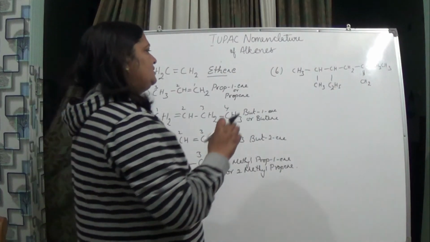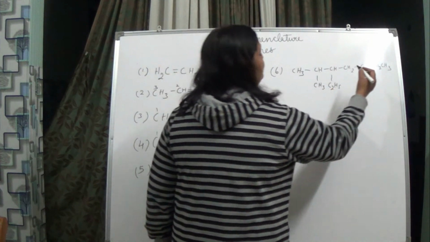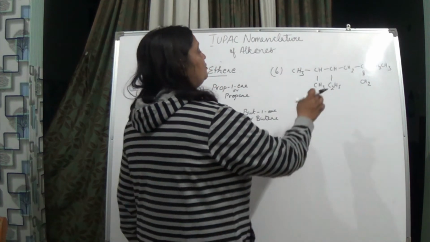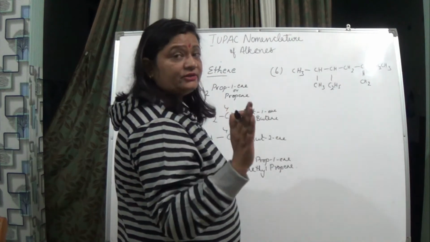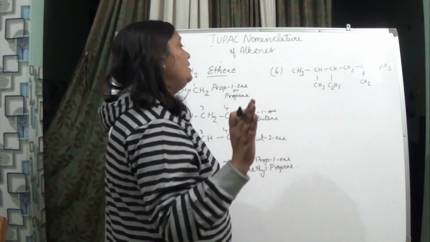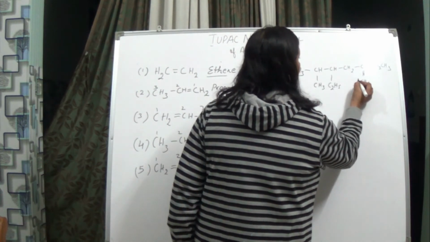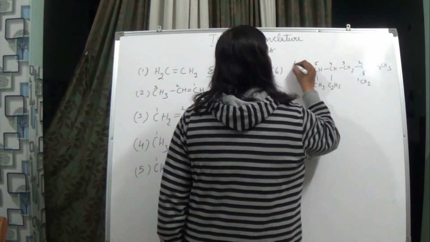Now let us see this example, example number 6. We have to see where the double bond is present. It is present over here. So the numbering will start from here, as priority is given to the double bond: 1, 2, 3, 4, 5, 6.